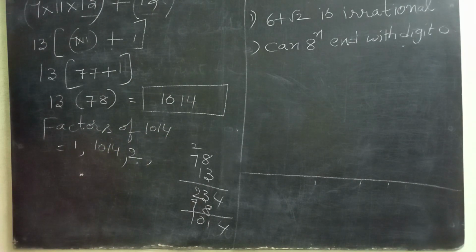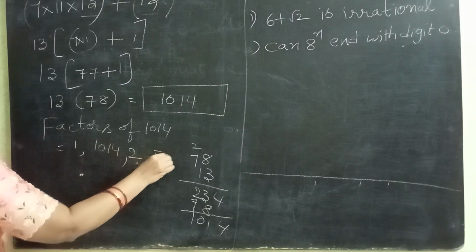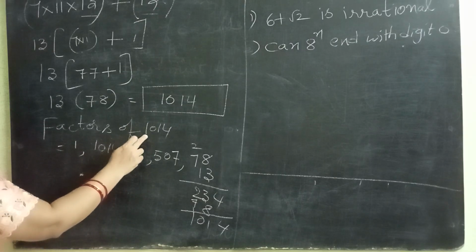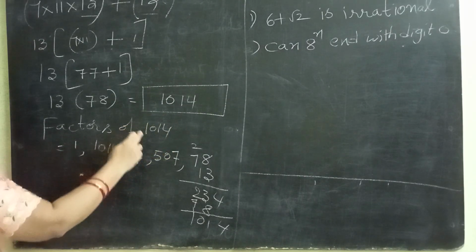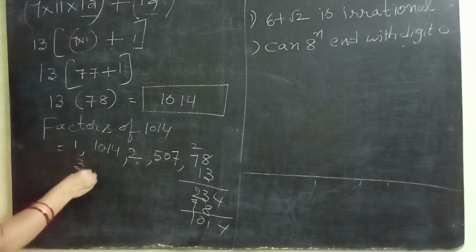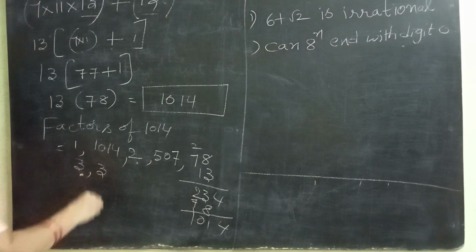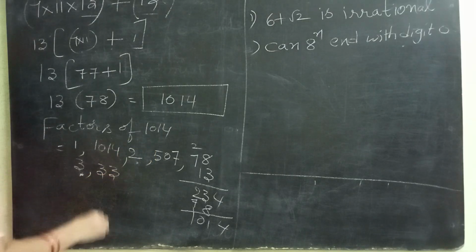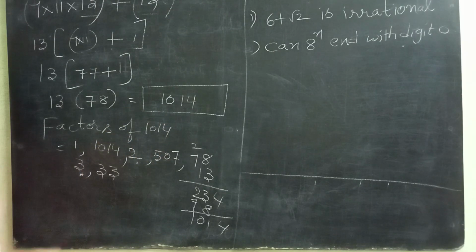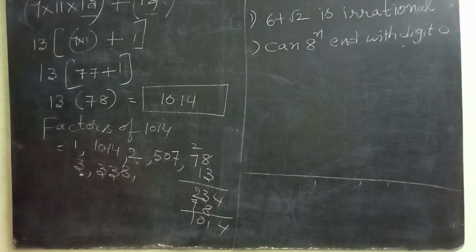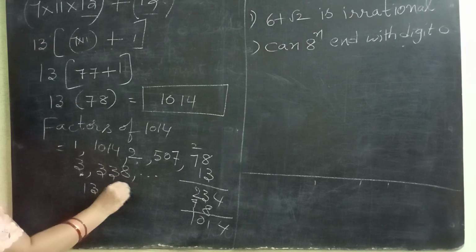How many times 2 do you get? 507. And next, the sum of digits 1 plus 1 plus 4 is 6, and 6 is divisible by 3, so the 3 table has this number. 3 threes are 9, 1 is remainder, 11. 3 threes are 9, 2 is remainder, 24, 3 eights. Like that we have so many factors. And 13 and 78 we already observed.